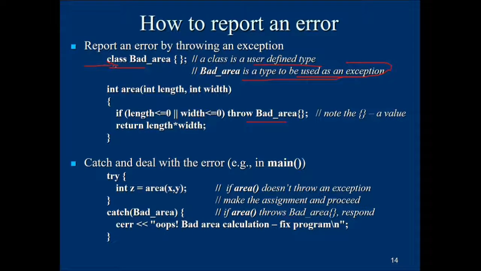You can make a class out of it, or you can use try and catch. In this try block, you keep the statement which can produce an error, and you catch it as a bad area, and you can easily use cerr, equivalent to cout, generally used to present the error information: oops, bad area calculation.